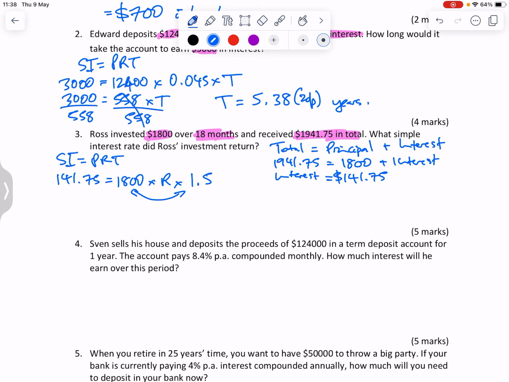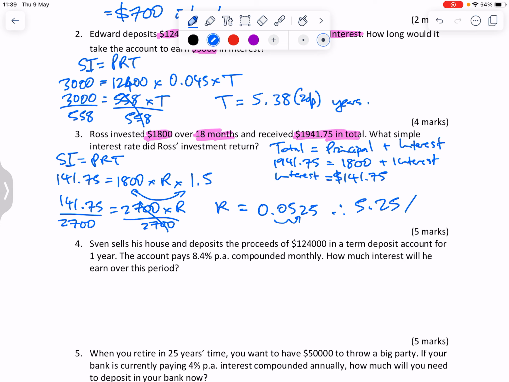So 141.75 is equal to 2,700 times the rate. If I want the rate, I need to divide by 2,700, which is the opposite of multiplying by 2,700. That cancels, so the rate is going to be 141.75 divided by 2,700, which is 0.0525. As a percentage, it is therefore 5.25% per annum.